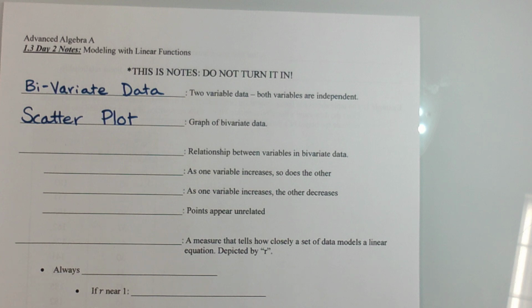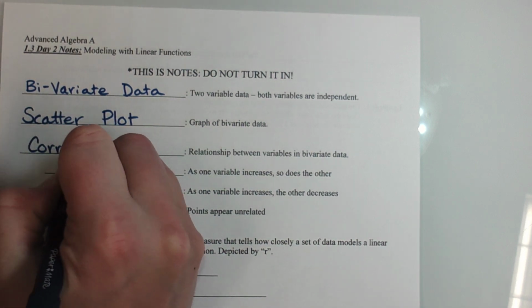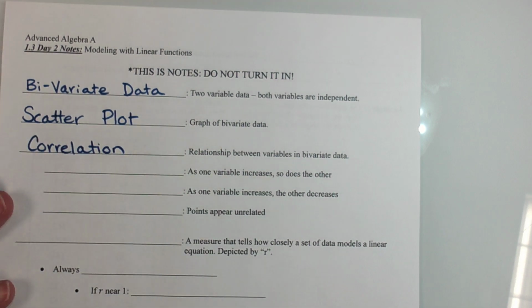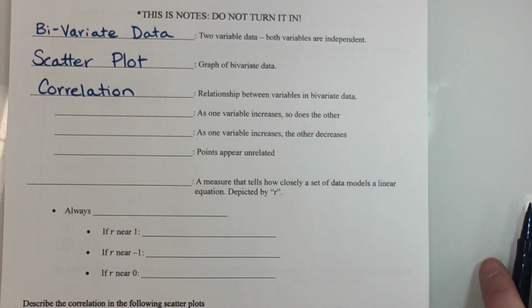Now, when we're dealing with this, when we have a situation where there legitimately is a relationship between the two, it's called correlation. There is a shared relationship between them. Now, one of the things you have to be careful of with correlation is oftentimes people think correlation is directly causation, and those things are not true.